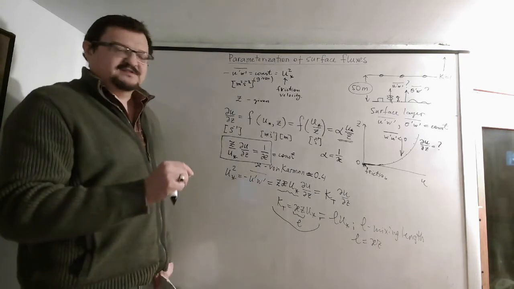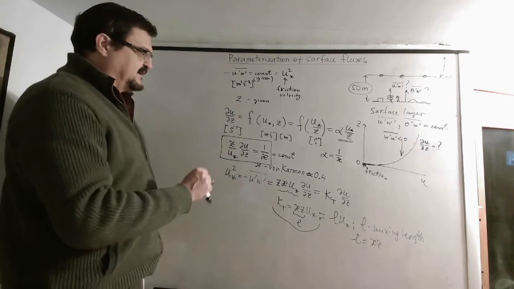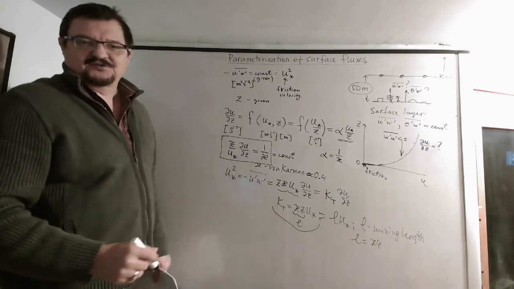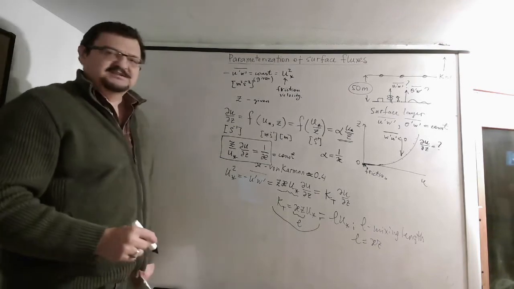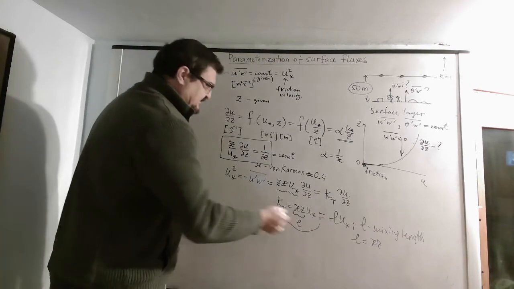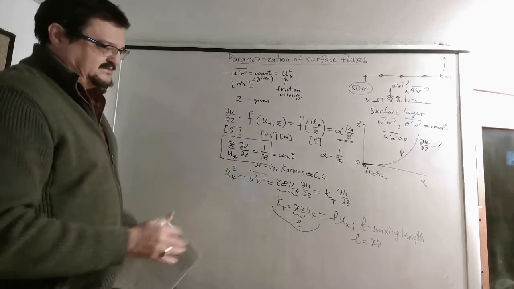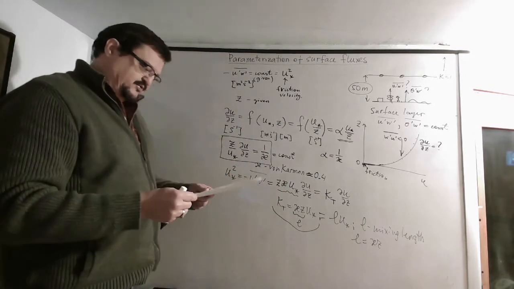Prandtl made this hypothesis, and we actually see that it's just a consequence of this dimensional analysis argument. You don't really need to propose this. You can just first look at dimensions of things to find out that this must be true.